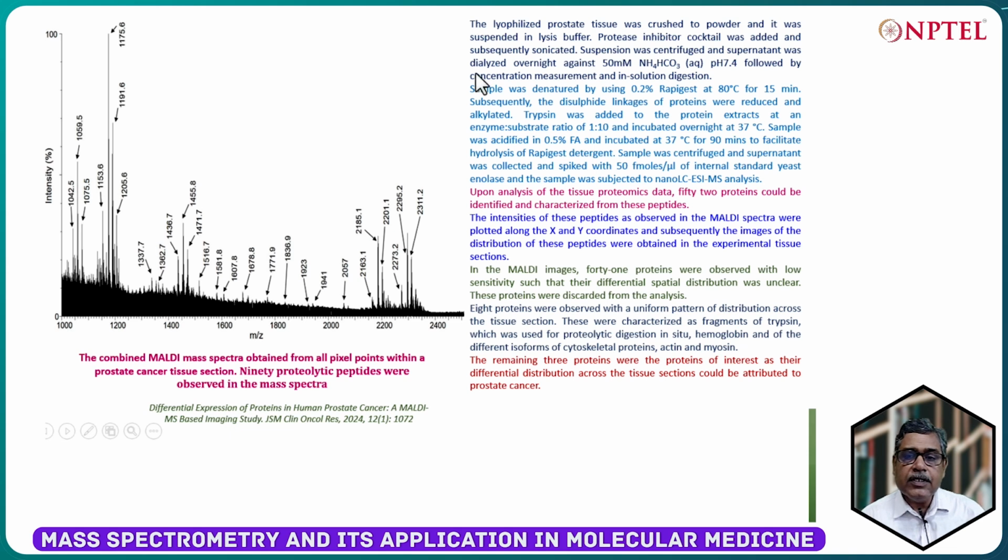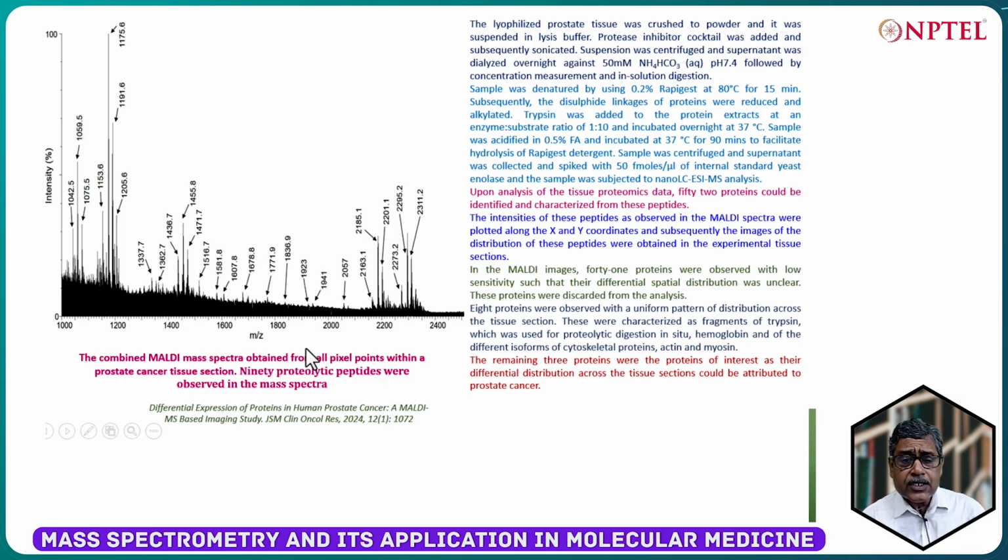So next is the mass spectrometry, which is our main theme to discuss here. This spectrum is the combined MALDI-MS spectra obtained from all pixel points within prostate cancer tissue.